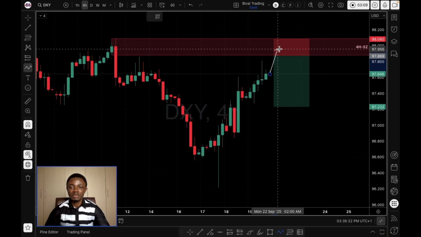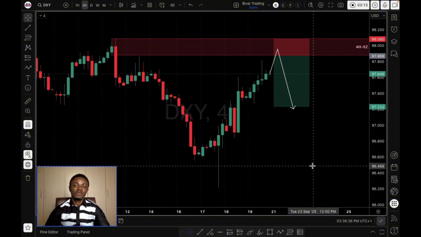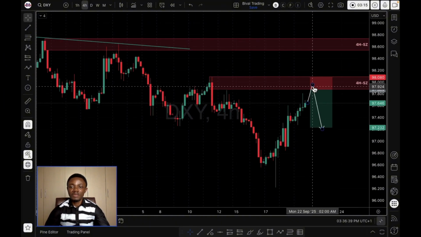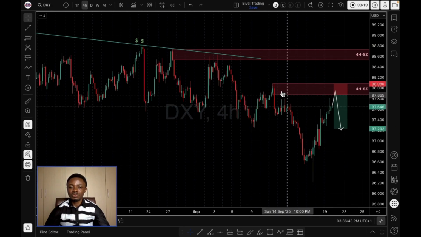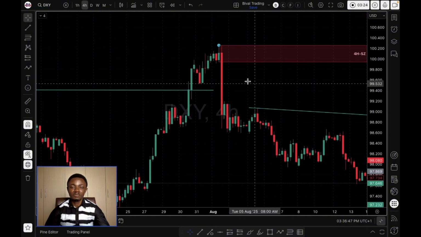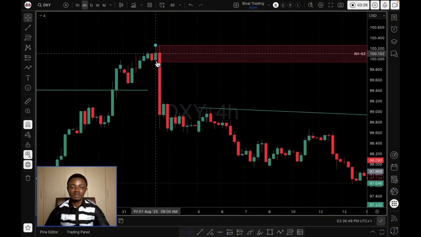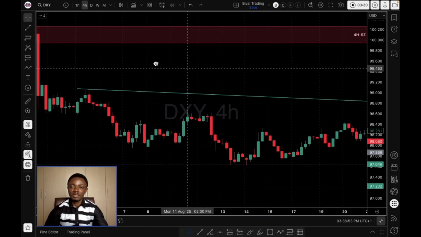You can see a push to that zone, then a drop down. That's what I'm looking at on the 4 hours time frame. If this should fail, then I will wait for price to trade into this supply zone up here. You can see this fresh supply zone. That's what I'll be targeting as we move into the next week.